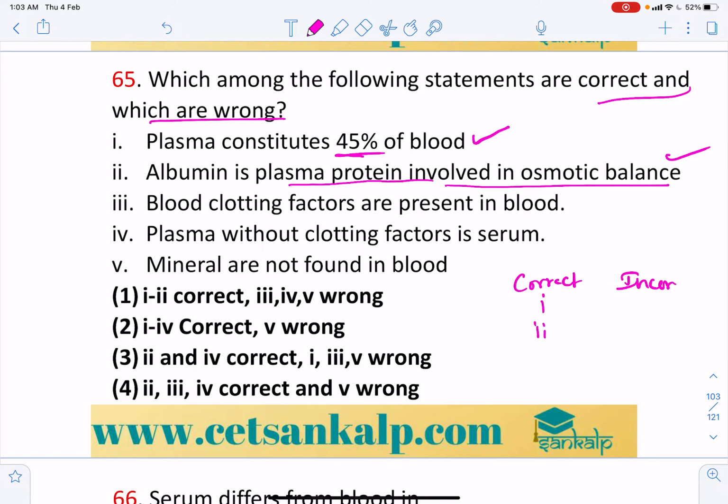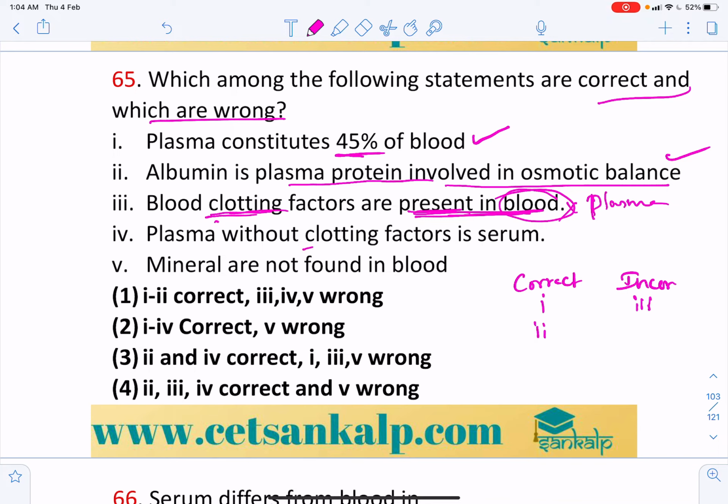And then immunoglobulin, which helps in immunity, globulin. And fibrinogen, clotting. Blood clotting factors are present in blood. That is formed elements? No, they are generally present in plasma. Wrong.